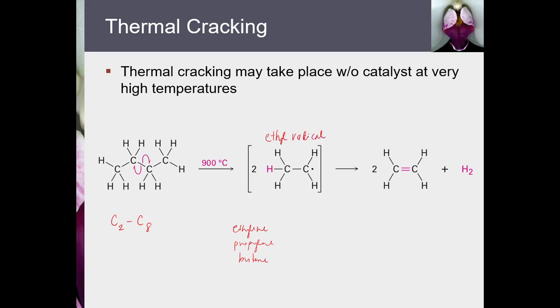And then after that, maaalis yung isang hydrogen, and in the process, magkakaroon ka ng formation ng double bonds. So here, butane splits into two ethyl radicals, then it will lose an atom of hydrogen, and in the process, this will produce two molecules of ethylene.